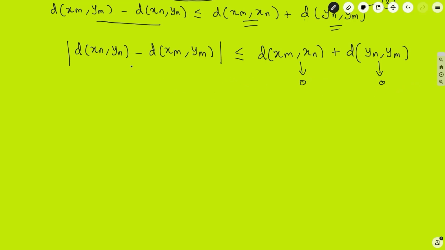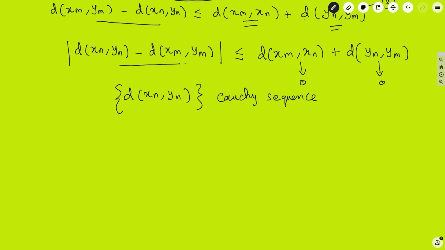So this particular sequence is also Cauchy. The sequence d(x_n, y_n) has nth term d(x_n, y_n) and mth term d(x_m, y_m). This itself is a sequence, and it is Cauchy.